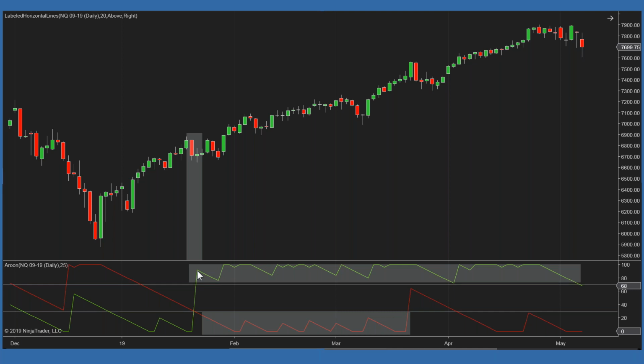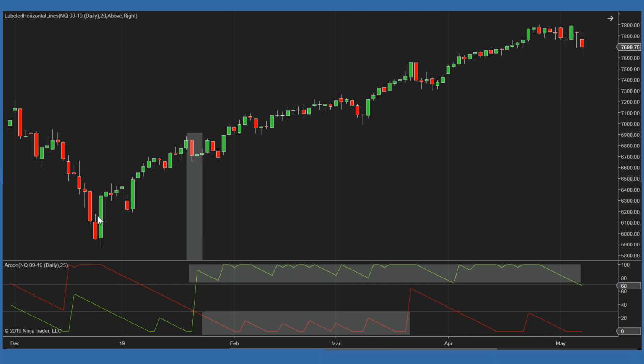So this is telling us that the market is continuing to make 25 period highs. The sellers are not able to rally it at all. And so now the market has become much more bullish. As you can see, that worked out pretty good.